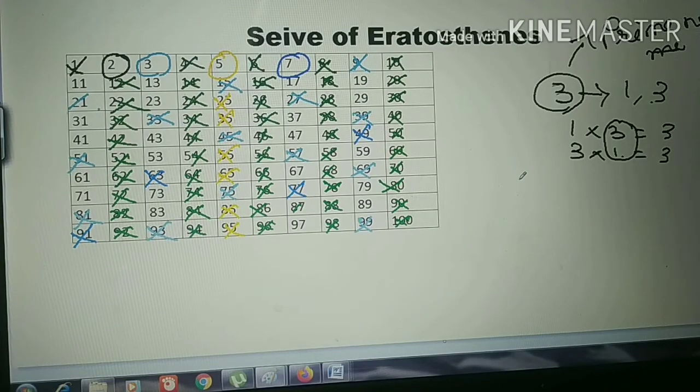So now with the remaining numbers, circle all the remaining numbers.